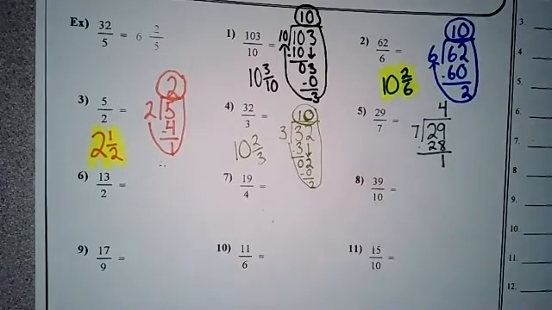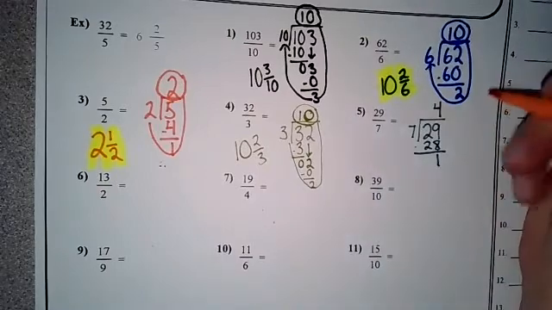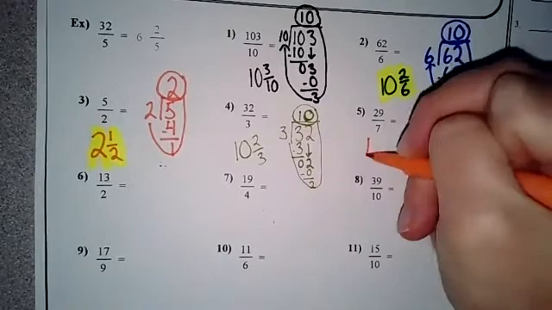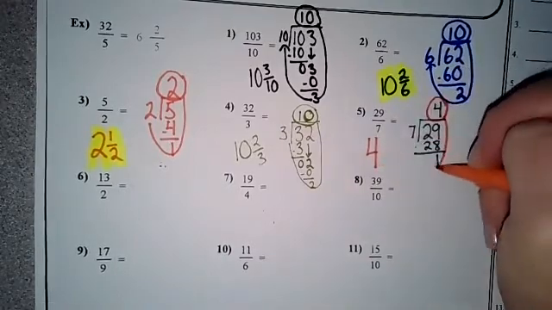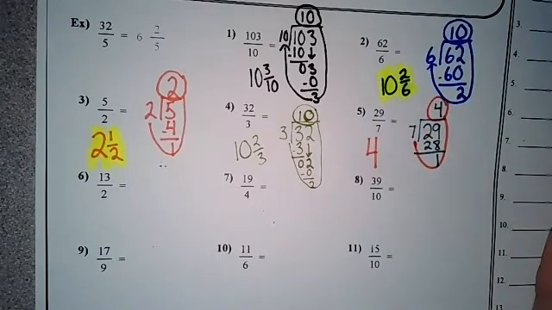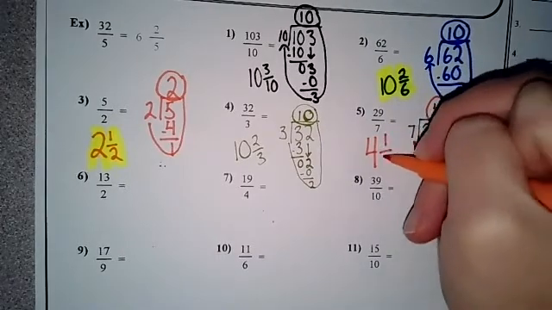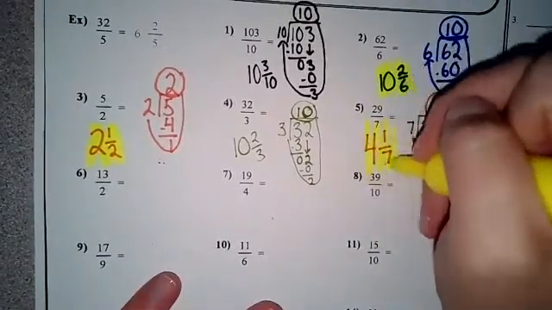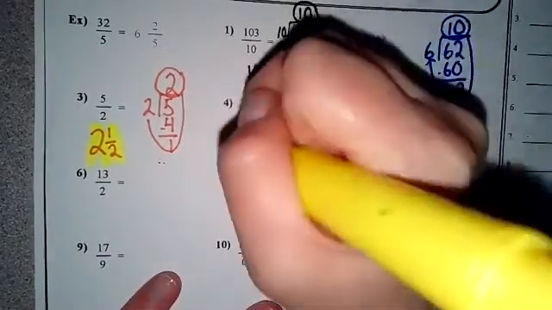So Jacob, tell me, how do I figure out what's my whole number? What's the whole number for my mixed number? 4. Very good. And then around the clock, what's my fraction? 1/7. Excellent, Jacob. 4 and 1/7. That is my answer, because you start at the top and go around the clock.